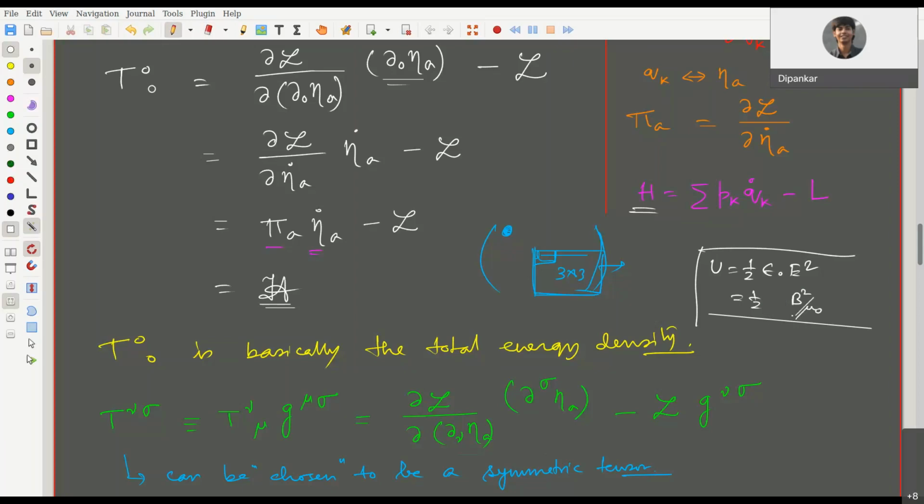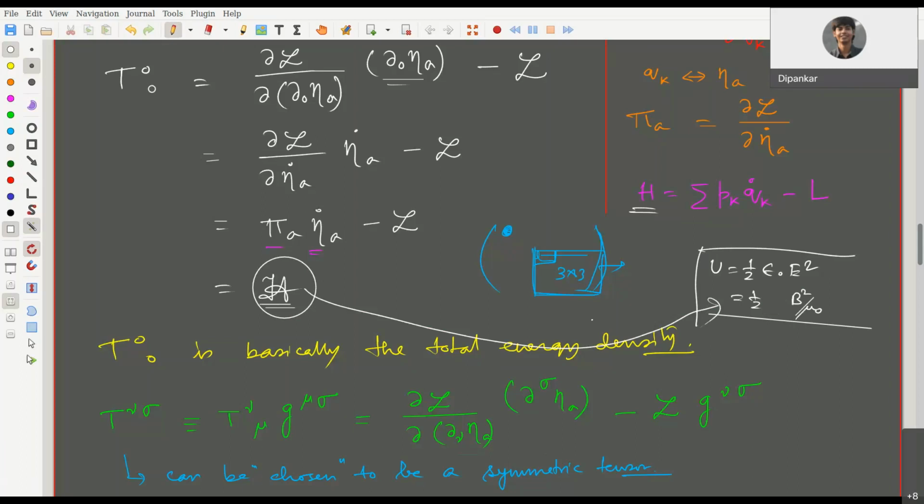So for an electromagnetic field, the Lagrangian is given by -1/4 F^{mu nu} F_{mu nu}. If you calculate this, it comes out to be this. So that's why this is your field energy density. This is the energy carried by the field.